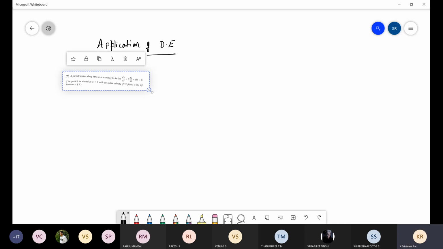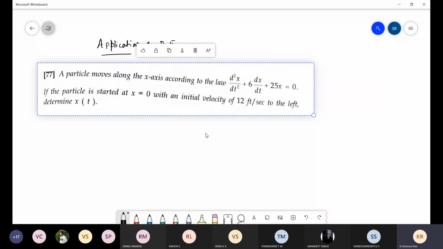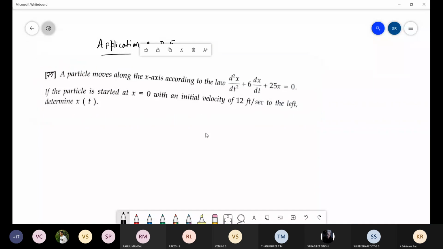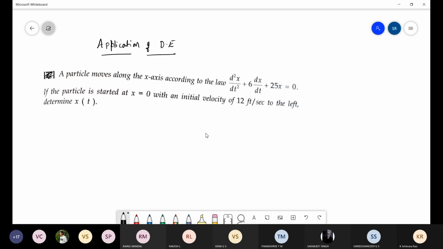Yes, take down this problem. A particle moves along the x-axis according to the law d square x by dt square plus 6 times dx by dt plus 25x equal to 0.